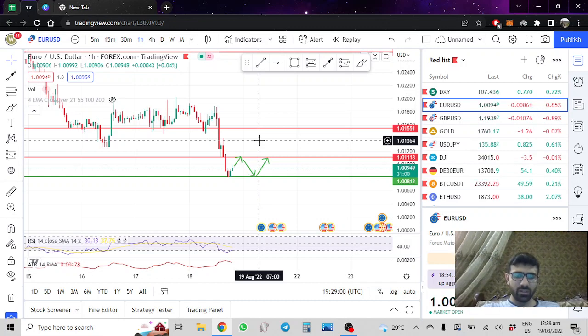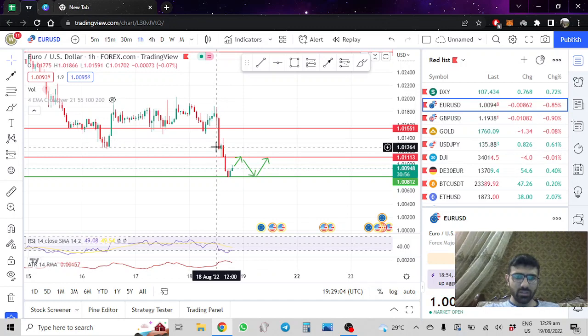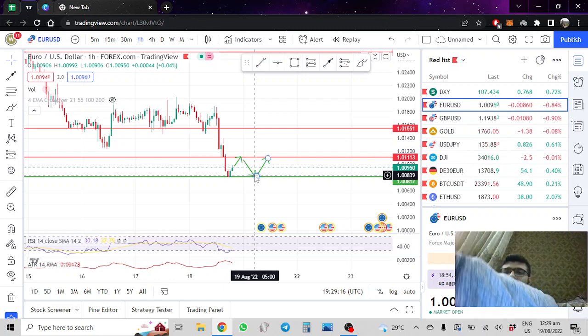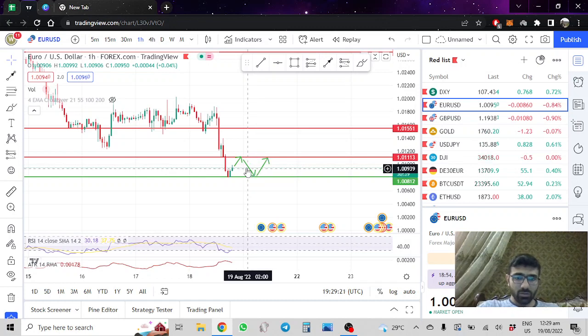The next setup would be a double bottom. If you guys are understanding my point, this would be a double bottom. So on a double bottom we go long, on a double top we go short.